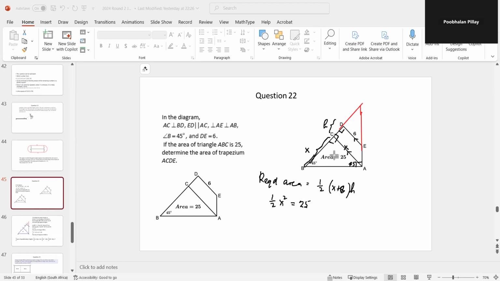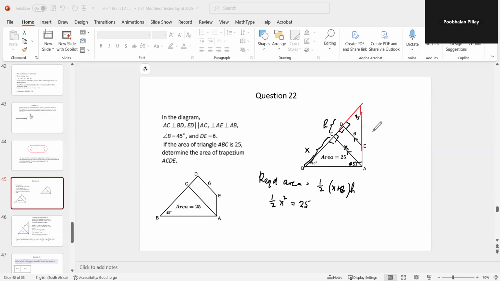And this angle here is 45. So let's extend it like that to see how we can use that. So this is 45. So this will also have to be 45. So this angle is 90 degrees. So this is 45. But now you've got a 90 degrees here.